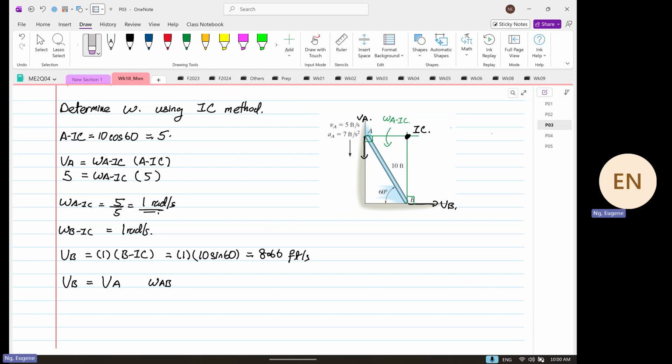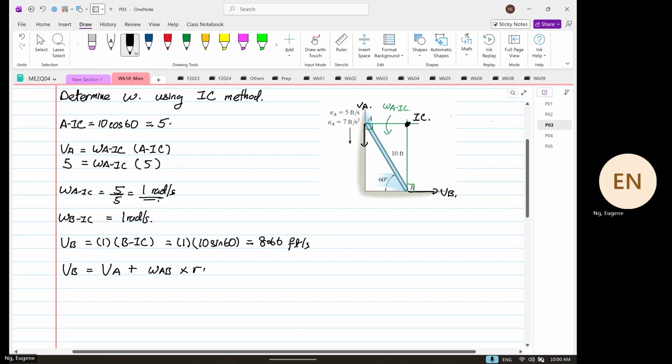Plus omega cross r_B from point A. Okay, so we have 8.66i.